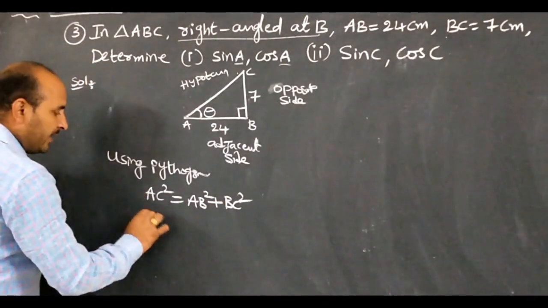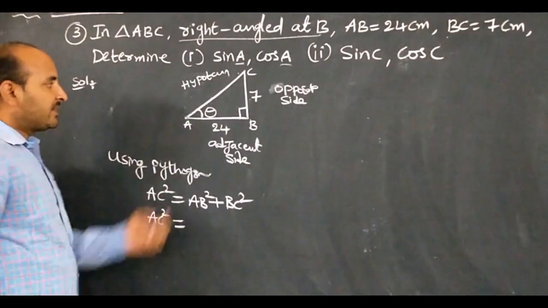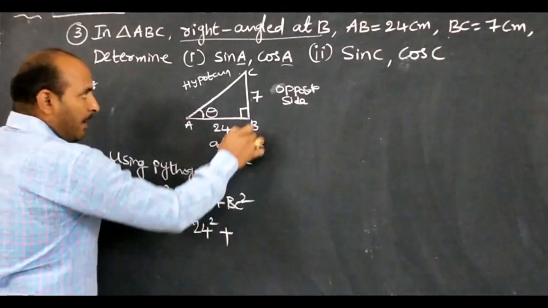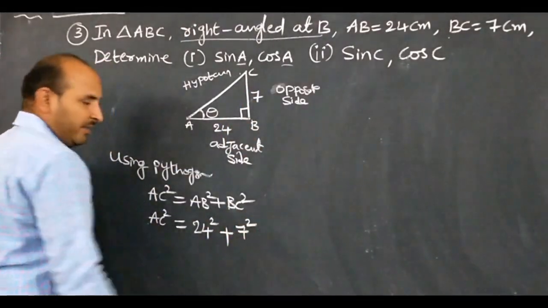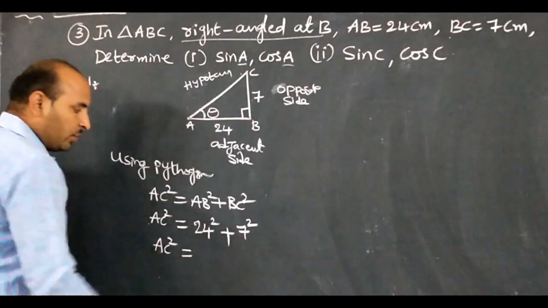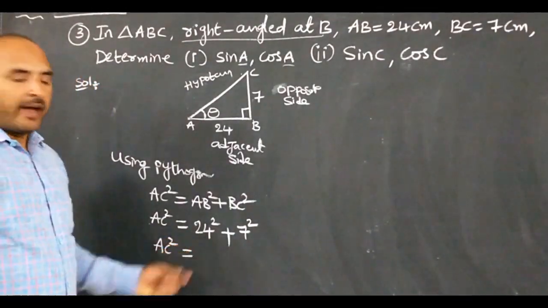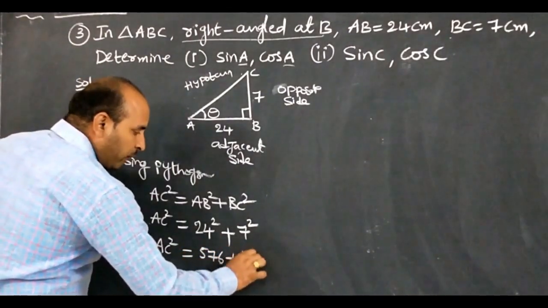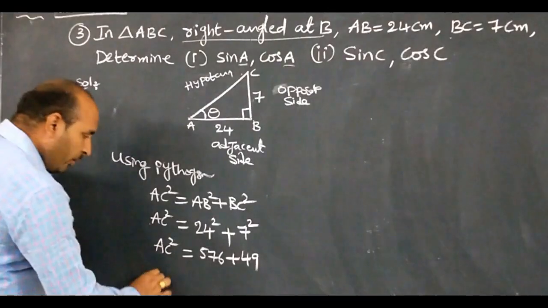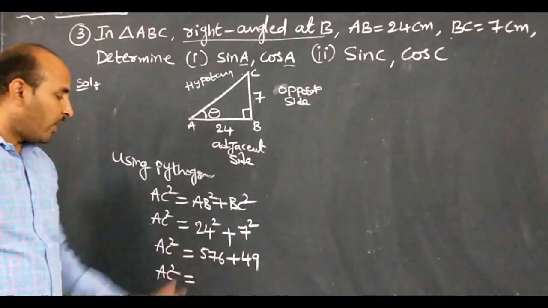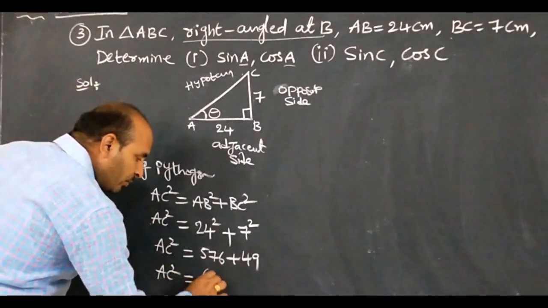AC square is equal to 24 square plus 7 square, which is 576 plus 49, equal to 625.